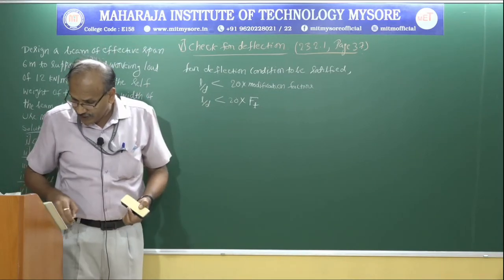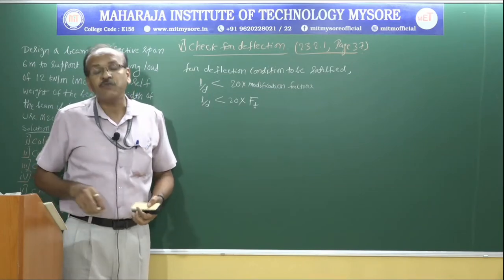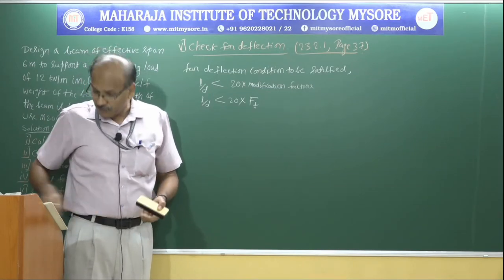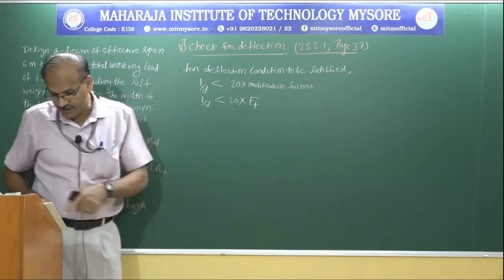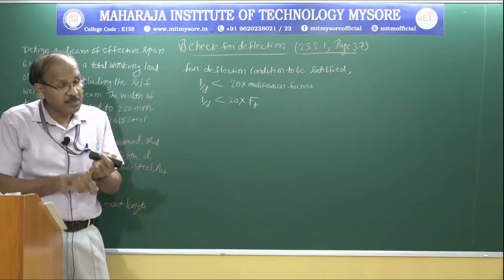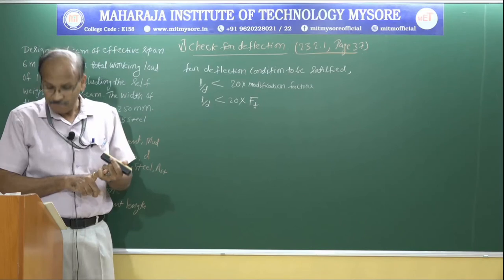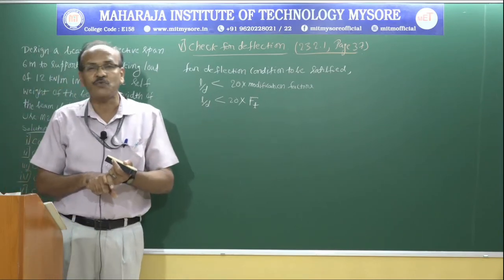For that, on page 38 I am going to go to figure 4, and from that graph I am going to find out the modification factor. The first thing is to find the percentage of tension steel we have provided, and the next is to find the Fs value.